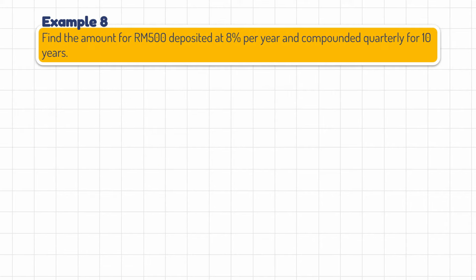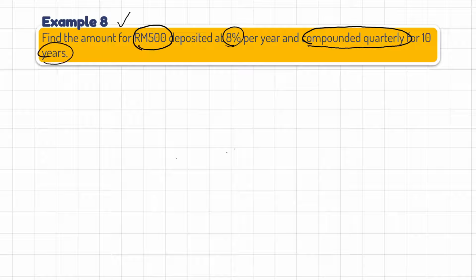Next, let's look at example 8, where we have: find the amount for 500 ringgit deposited at 8% per year and compounded quarterly for 10 years. So here we have the value of the 500 ringgit deposit, which means this is the value of P, 500.